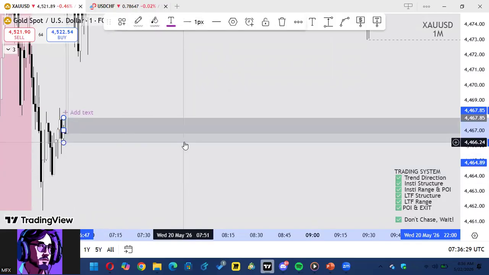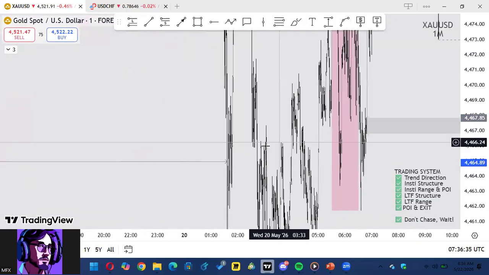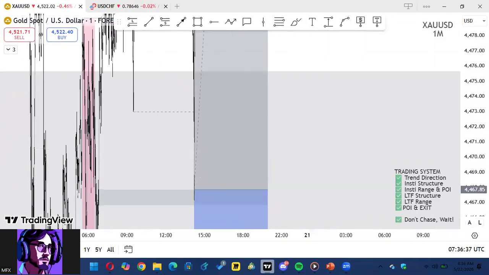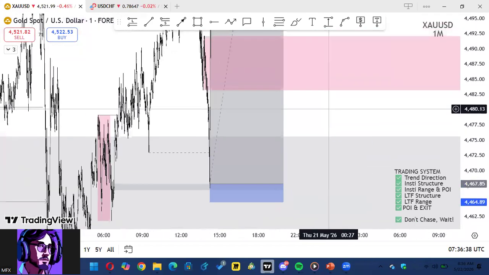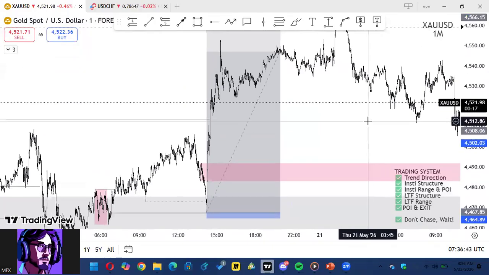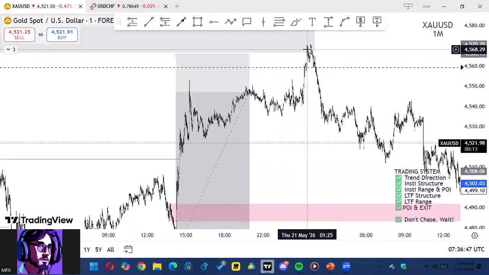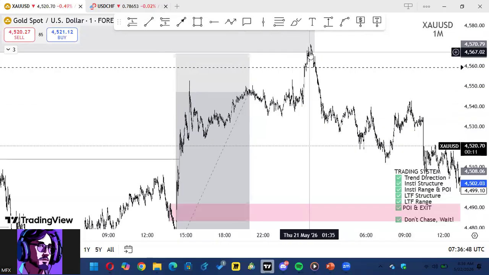Boom. This. So it's that simple. And watch how price delivered pretty well during the New York session on Wednesday. Yeah, price delivered. I think it got to TP on the business session on Thursday.